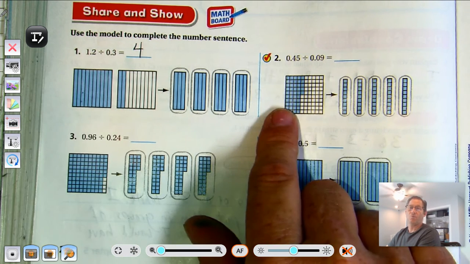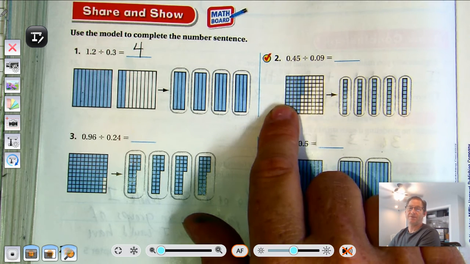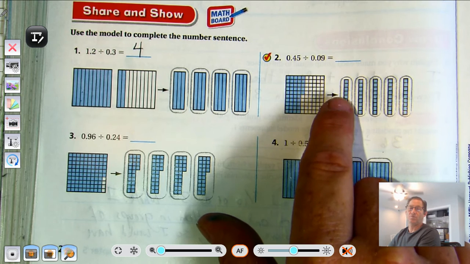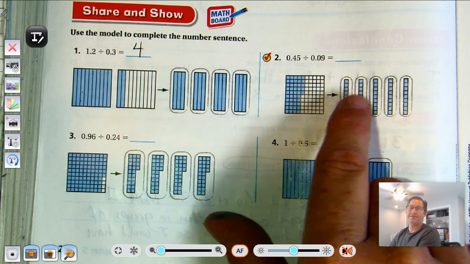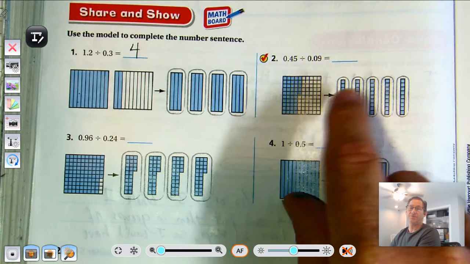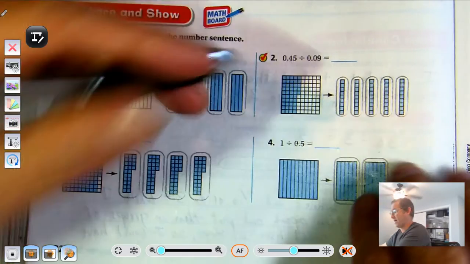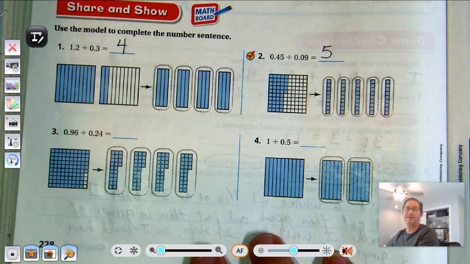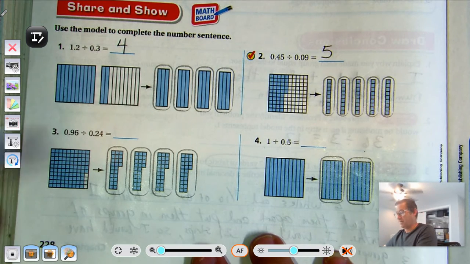Right, number 2, 45/100 is shaded, and we're going to put them in groups of 9/100. So 9, 18, 27, 36, 45. So there's 5 groups of 9/100 in 45/100.